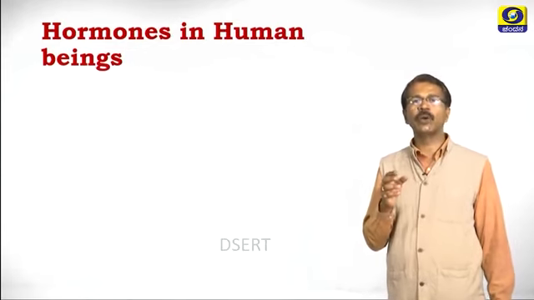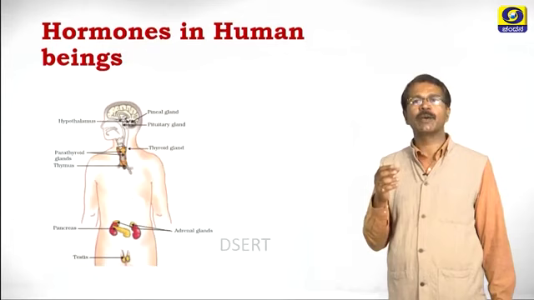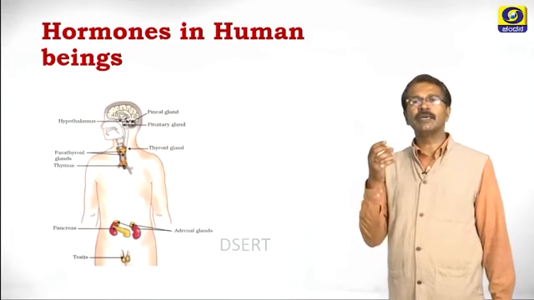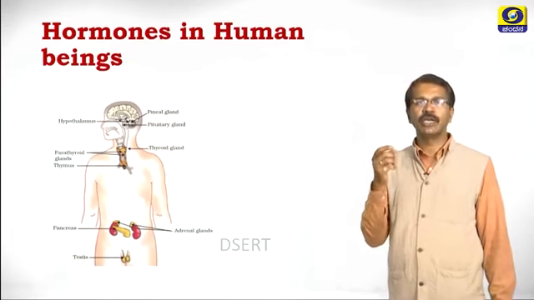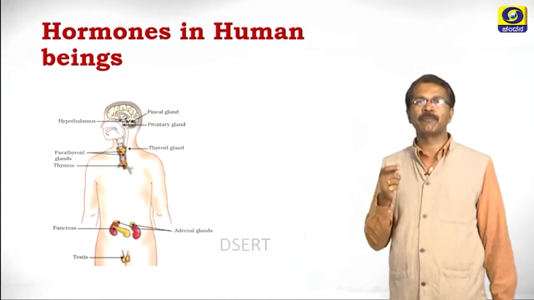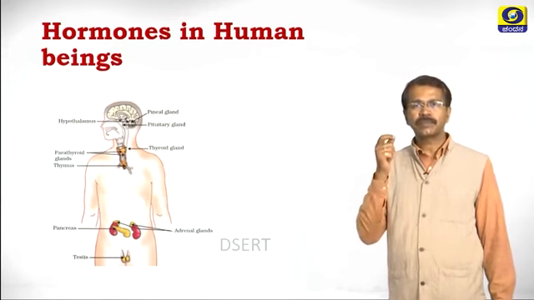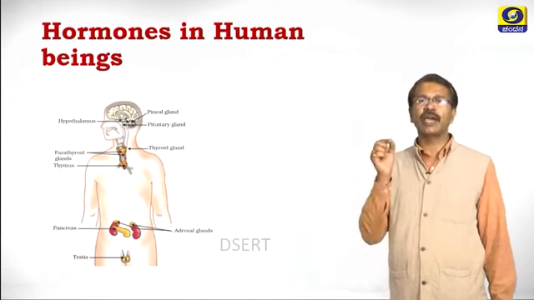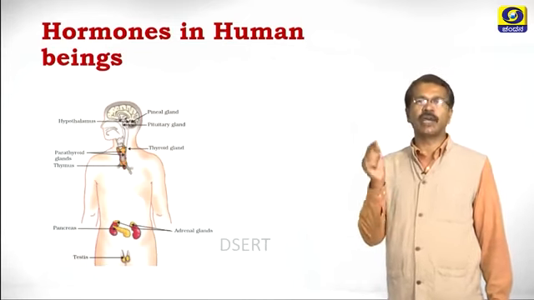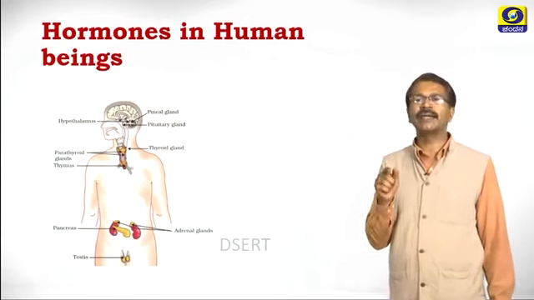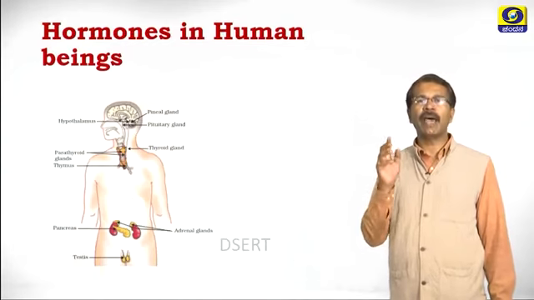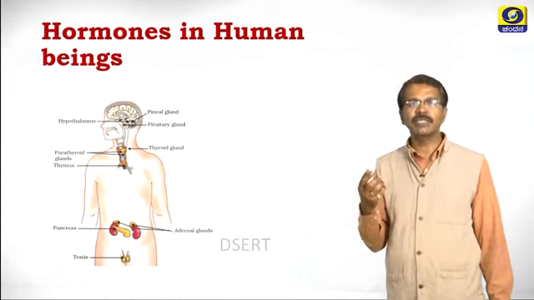Now, let us have a look at the different endocrine glands present in human beings. In the head region, you will find the pituitary gland. In the neck region, you will find the thyroid gland. Inside the thyroid gland, one more gland is present, called the parathyroid gland. In the chest region, the thymus gland.